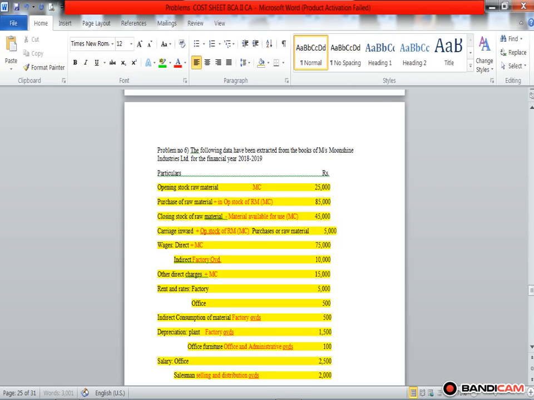Okay, so we add this 5000 in purchase of raw material. Wages, direct wages is added in material consumed, we get prime cost.